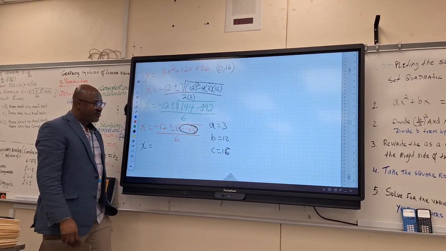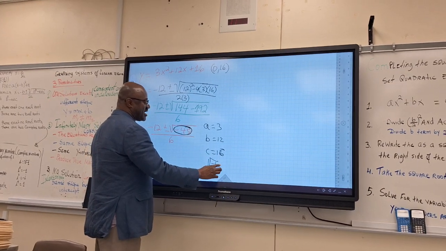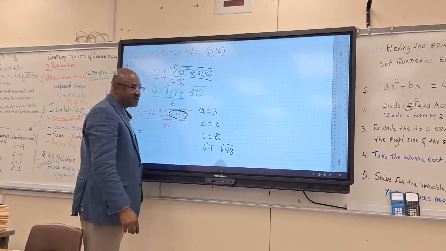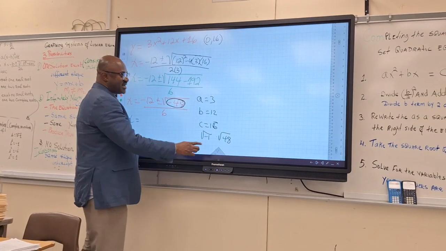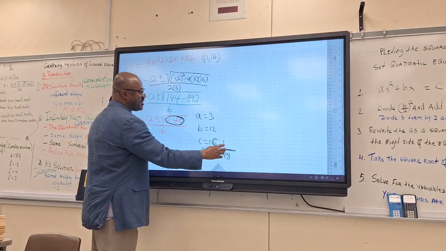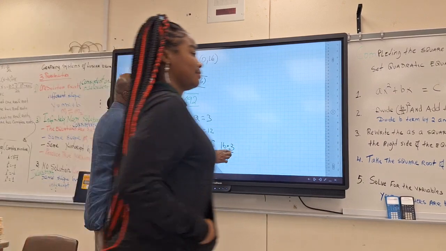Right? Negative 48 is the same thing as the square root of negative 1 times the square root of 48. What is the biggest perfect square inside of 48? It is 16 times what? Times 3.